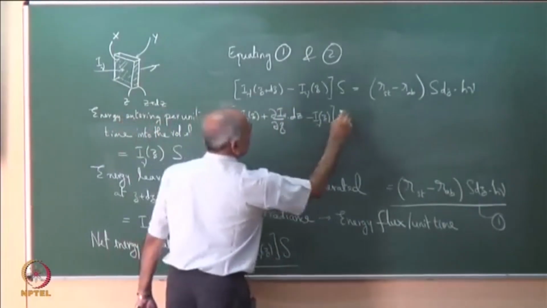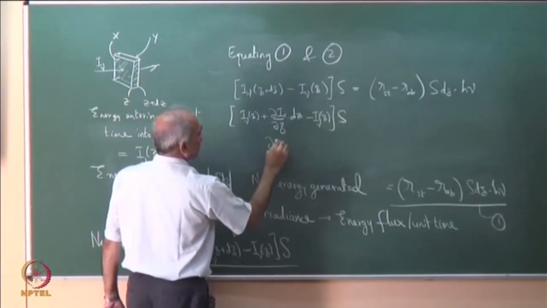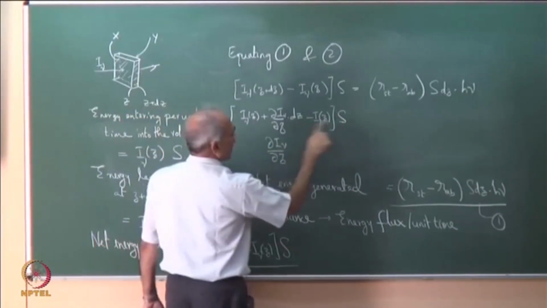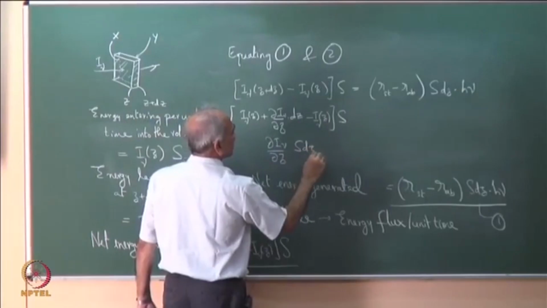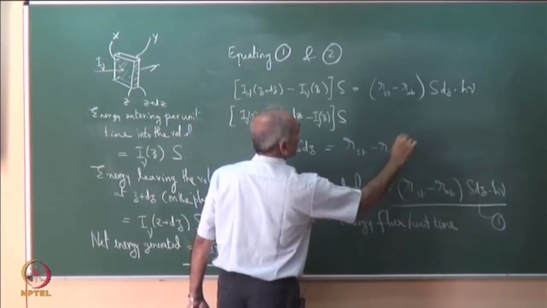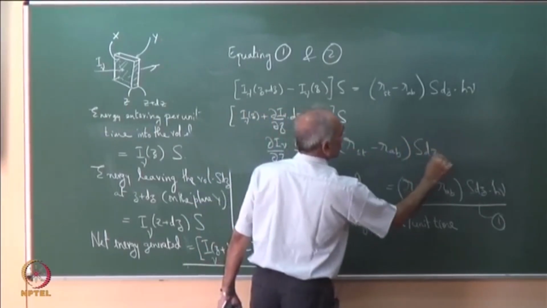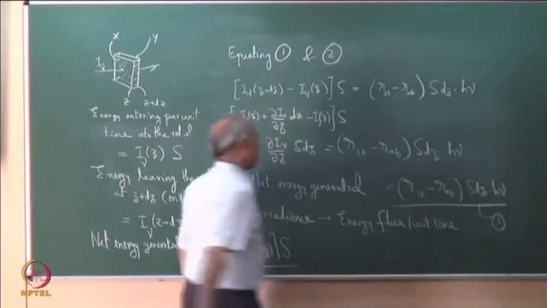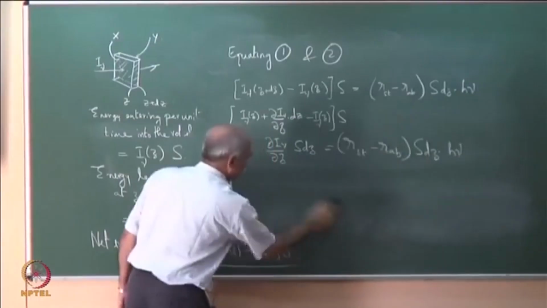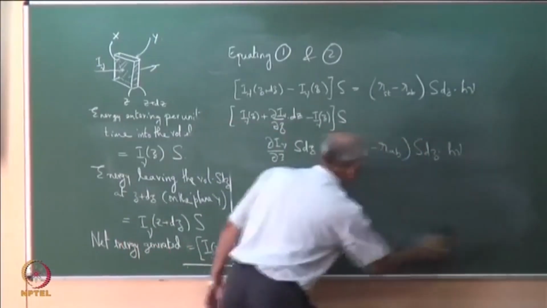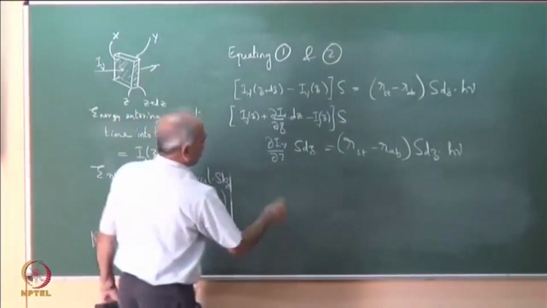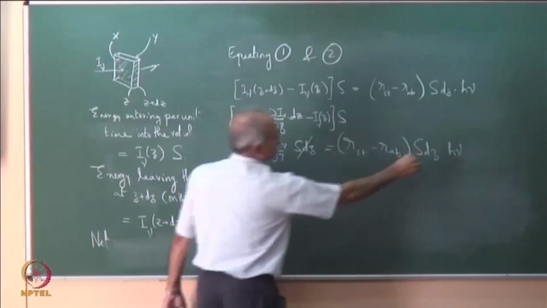So, this is equal to del I nu by del z into S dz, and this goes off.